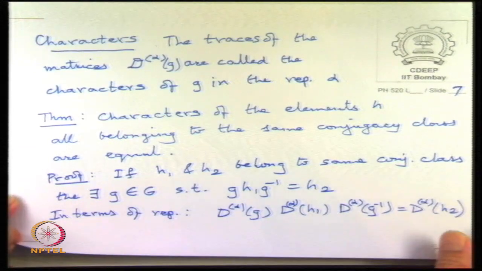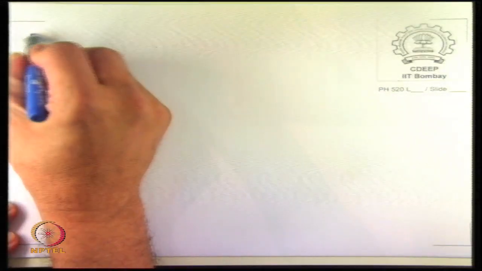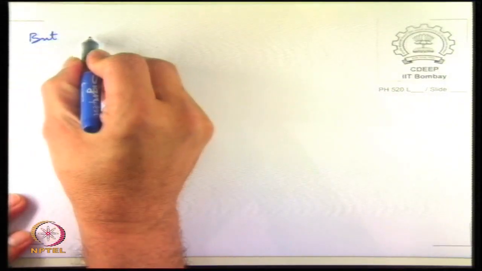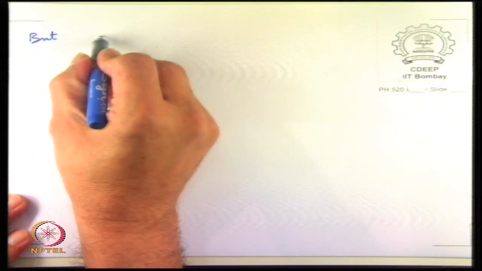But we know that the D alpha of G inverse must be represented by the inverse matrix of D alpha of G.